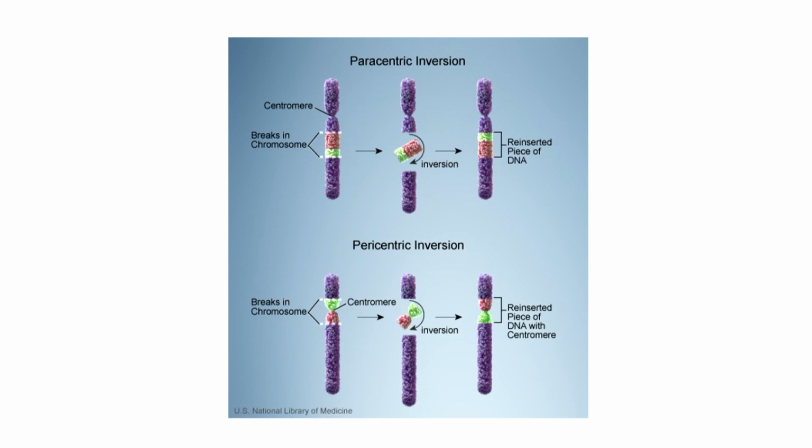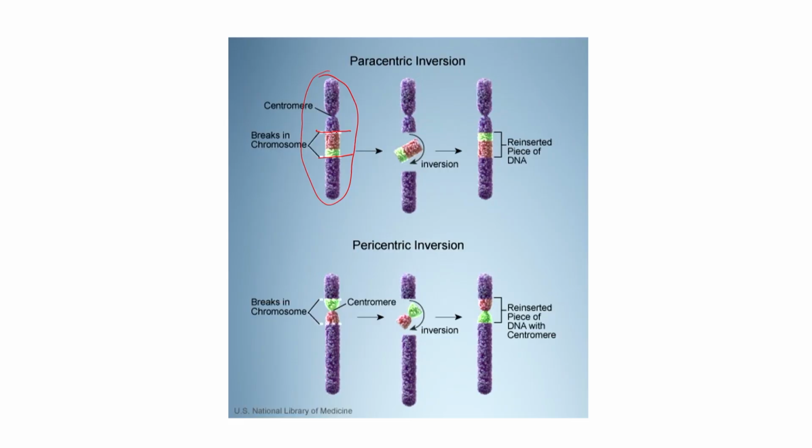In exactly the same way, inversion can occur. We were talking about the deletion. This is a chromosome. Here there is one break, another break here. The result is this part could have been deleted, but because the cell always tries to repair or join the broken part of the chromosome, this can join again.